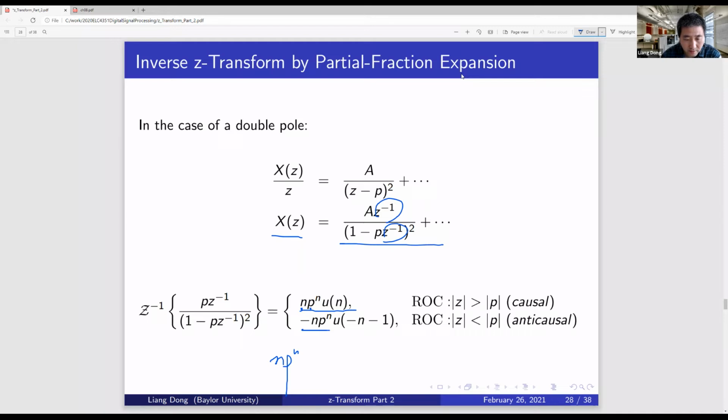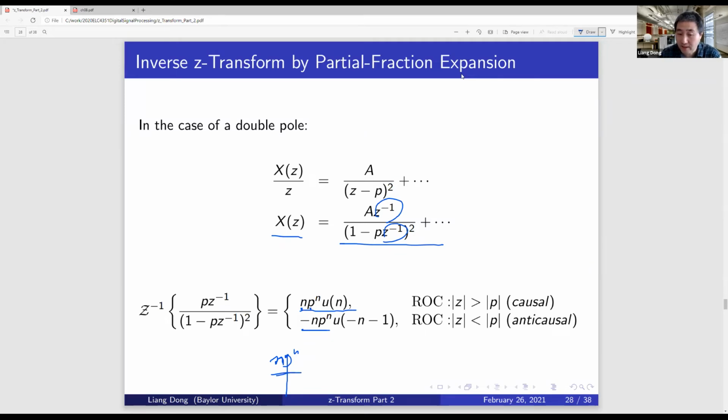Now this is also very nice because the second term here looks like that, right? So you have a pole, but you also have n here. That is what we have in solving the difference equation. If you have a multiplicity of the roots, I also have a second term of this.